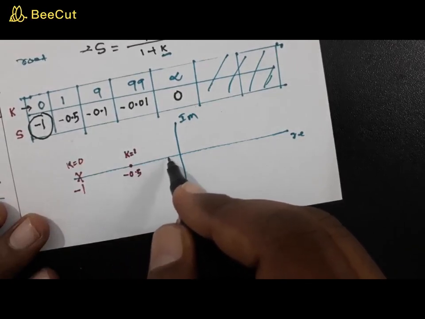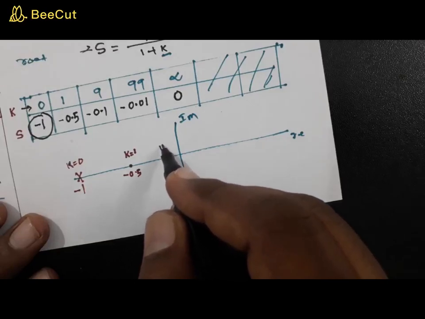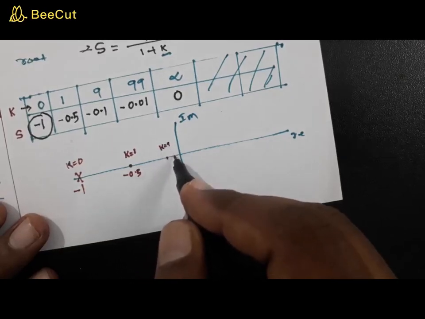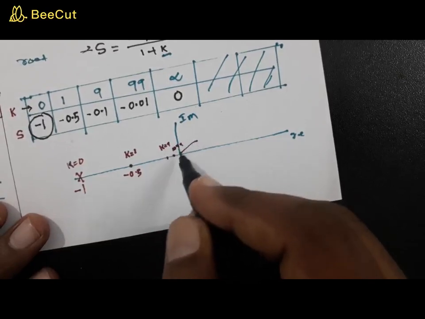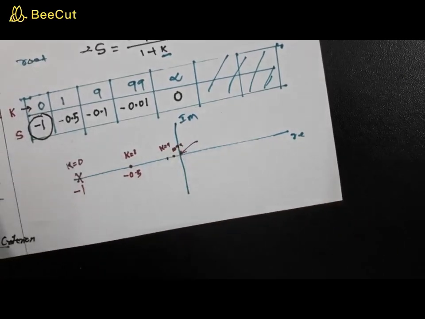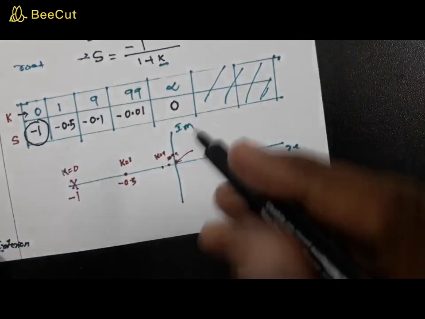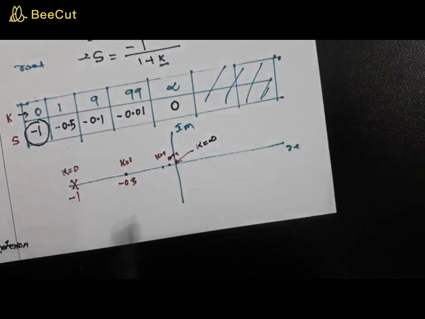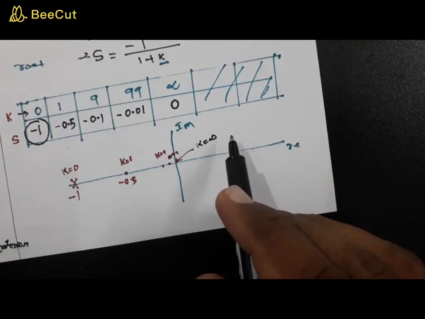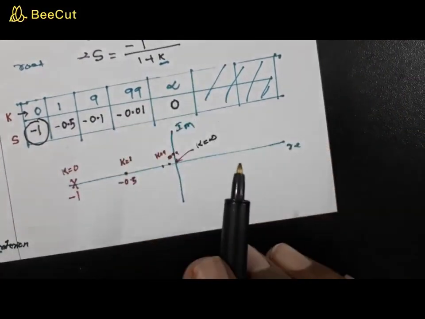Minus 0.1 will be k is equal to 9, and this will be k is equal to 99, and this is the point corresponding to k is equal to infinity. Now is there anything beyond this? No, this is the maximum value of k.